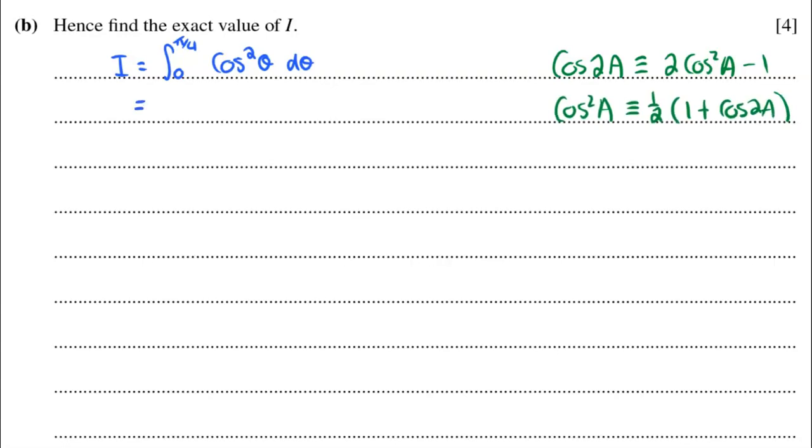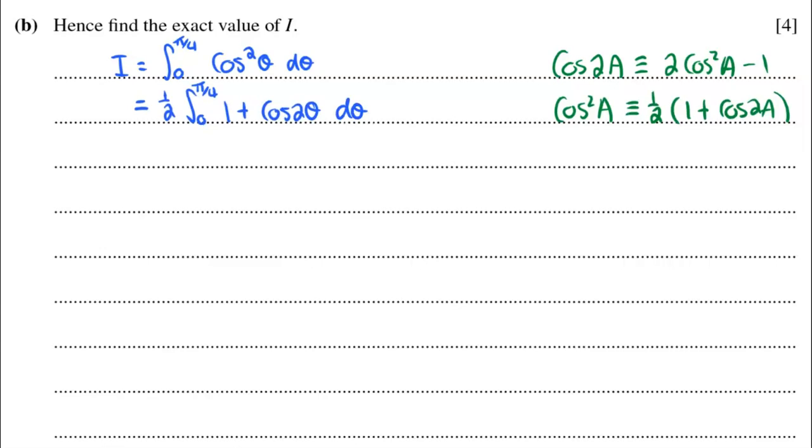So we can do this substitution in our integration. Because the half is multiplying the whole function, the half can come out of the integration sign. It may make things easier. I always like to take a coefficient out if it's multiplying the whole function. So cos² will become, well, the half is out the front, so it's going to become 1 + cos 2θ dθ.